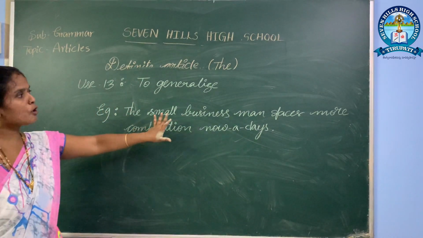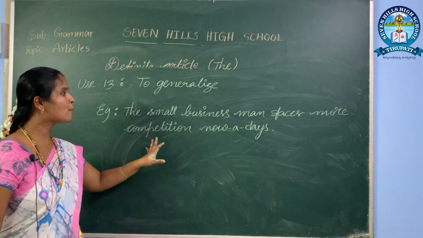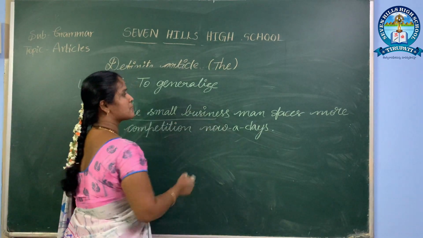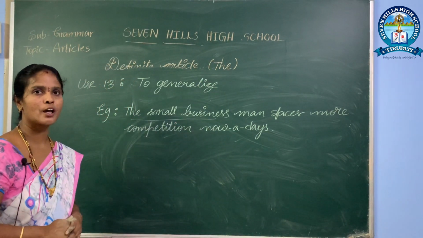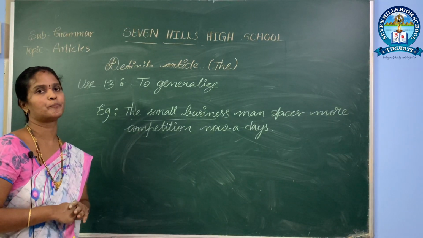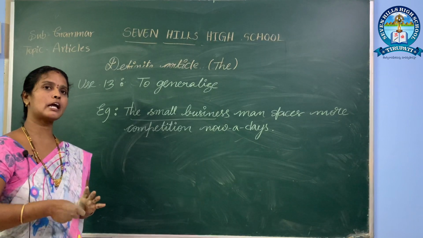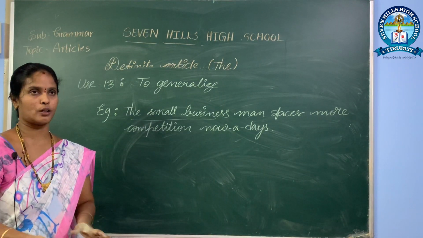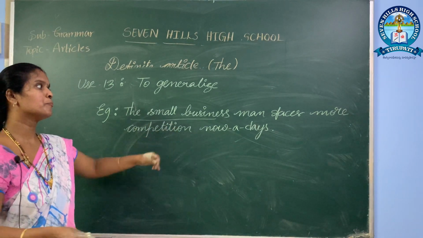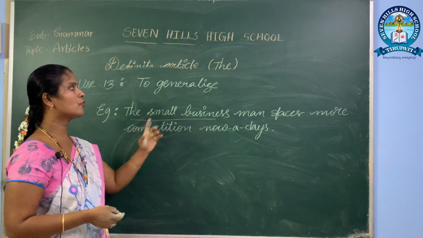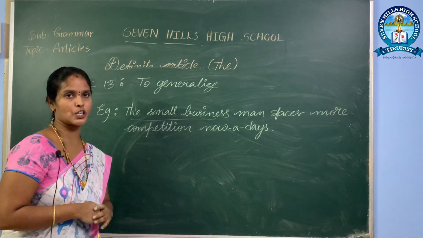See, the small businessman faces more competition nowadays. Here I am talking about small businessman, right? I am not talking about a specific businessman. Generally, I am discussing about all business people in this country or world. But whatever it may be, I use it to talk the before this noun in general way.